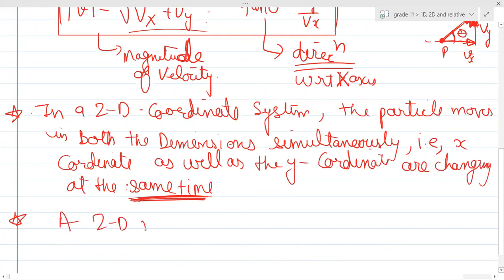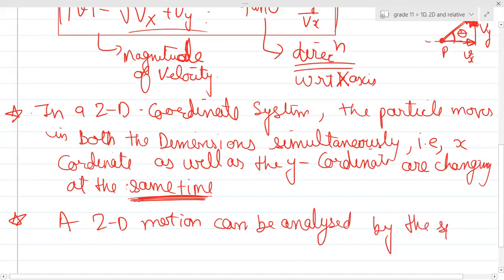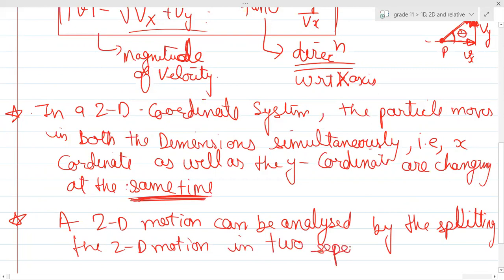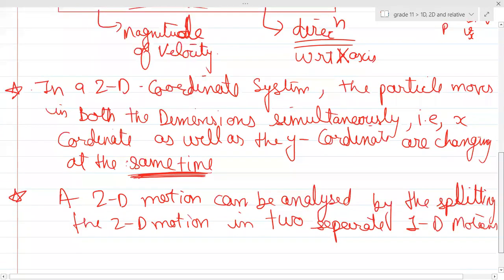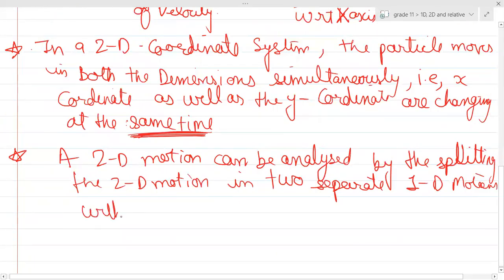A 2D motion can be analyzed by splitting the two-dimensional motion in two separate 1D motions with time as the common variable.